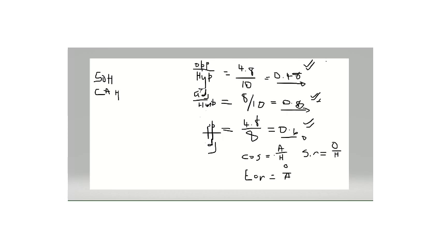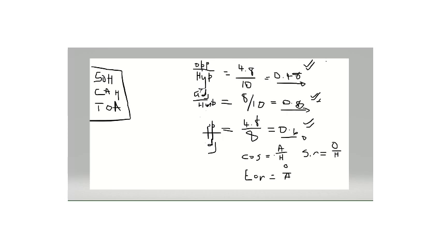Same with tan. It's T for tan, O for opposite, A for adjacent. So if you want to remember this, you should memorize SOH CAH TOA. You will always know these trigonometric ratios.